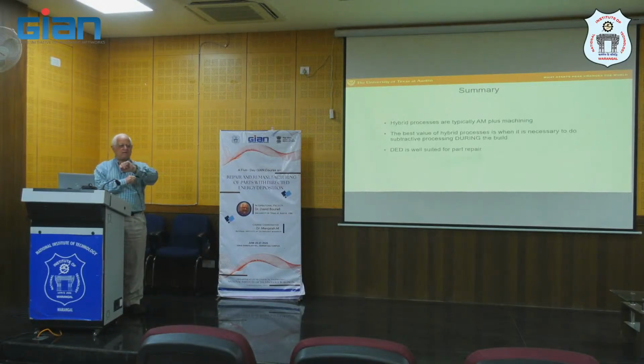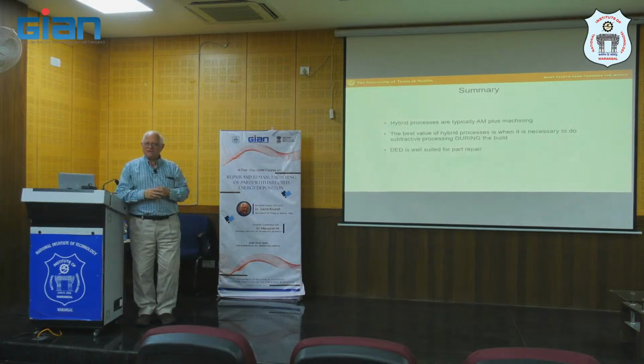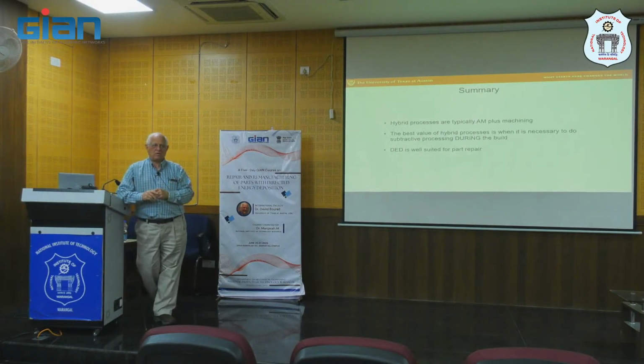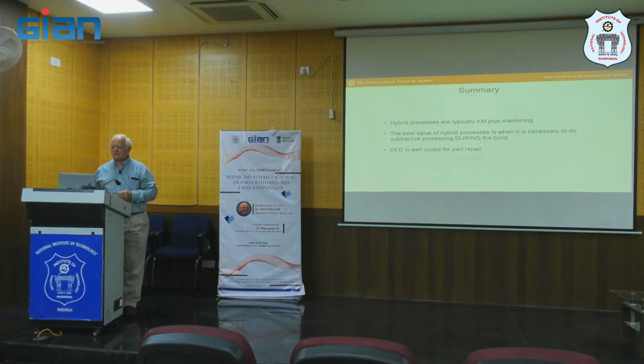So, to move towards a summary of where we're at, we have the hybrid processes. It's typically additive manufacturing plus machining, because that's where the real value comes in. But it can be other things, you know, shock peening would be an example. The best value of hybrid is when it's necessary to do the subtractive processing during the build. That fits to justify the use of a hybrid type machine.